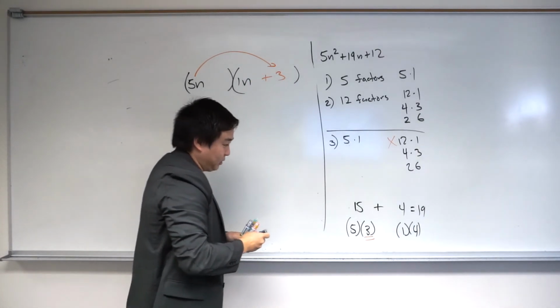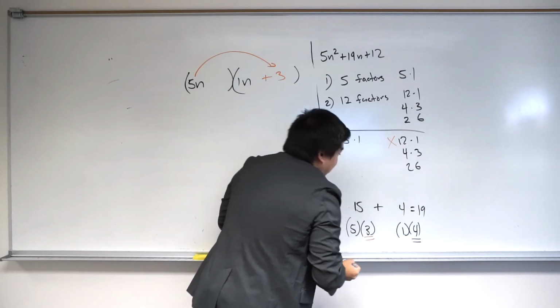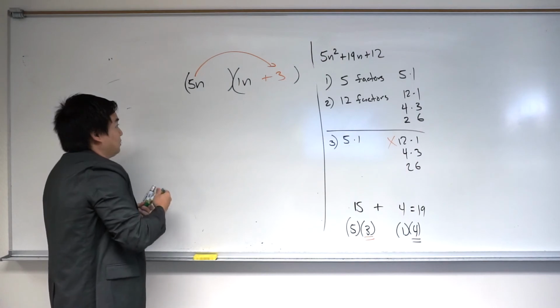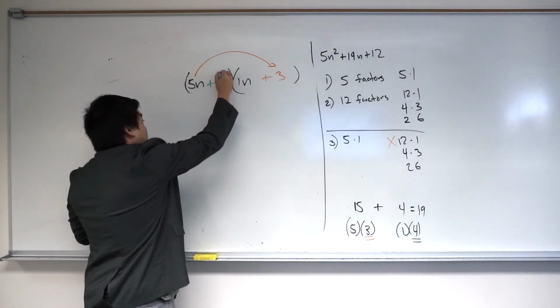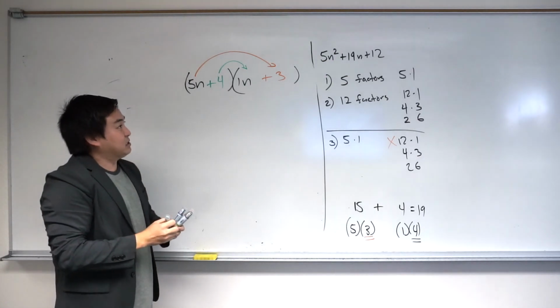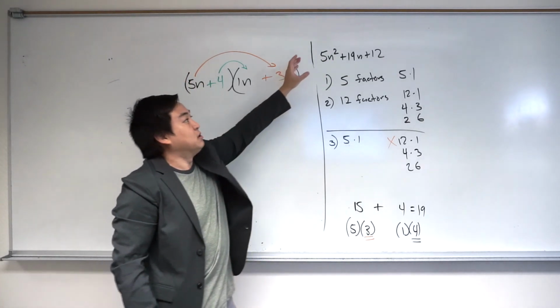And then similarly, 1 gets multiplied to that 4, which is that one. So this is the factored form of this polynomial.